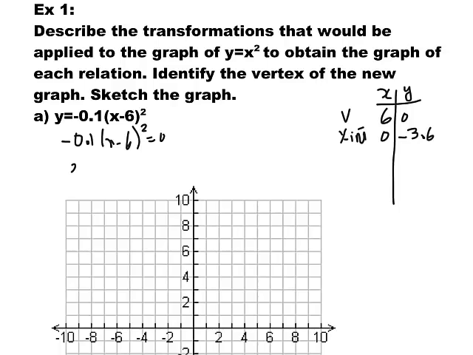So I get x minus 6 squared is equal to 0. Take the square root, I get x minus 6 is equal to 0. Square root of 0 is 0. So x is equal to 6. This means that my x-intercept is the same as the vertex, and there is only one x-intercept.